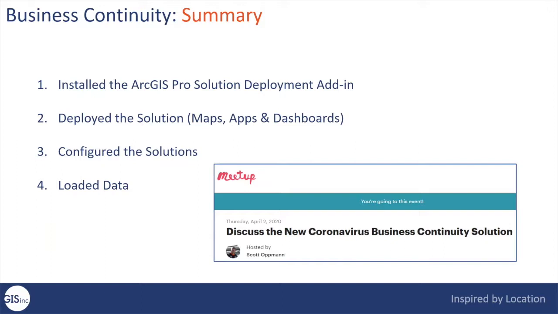We deployed that solution and all the maps and apps and dashboards associated with it. We went in and configured the different elements of the solution, some of the feature services, some of the maps. We loaded some data in. We used a spreadsheet method to append some data for the facilities and for the personnel. And then we used the Survey123 forms to start populating some information.